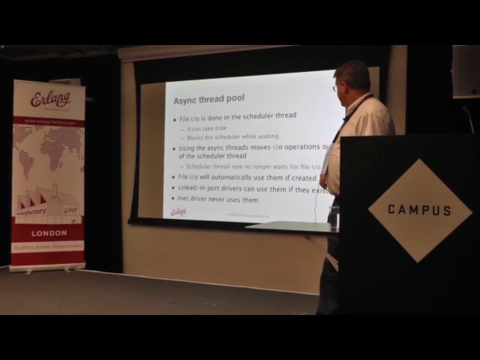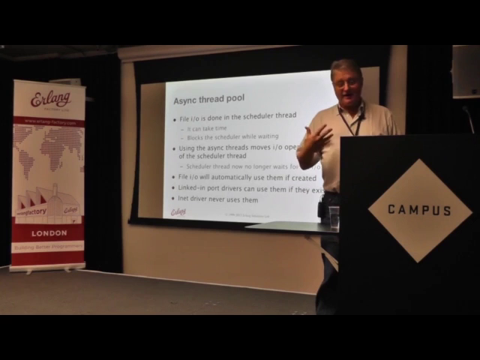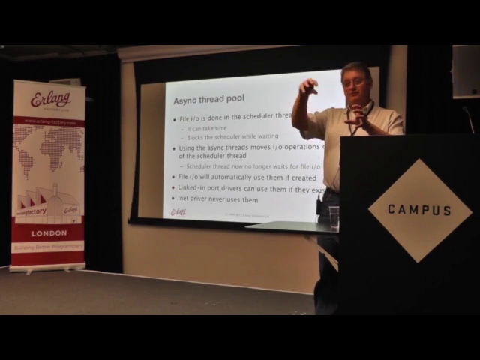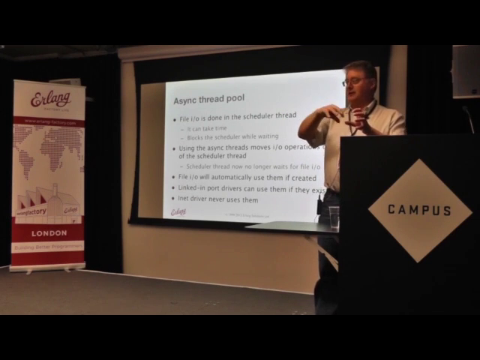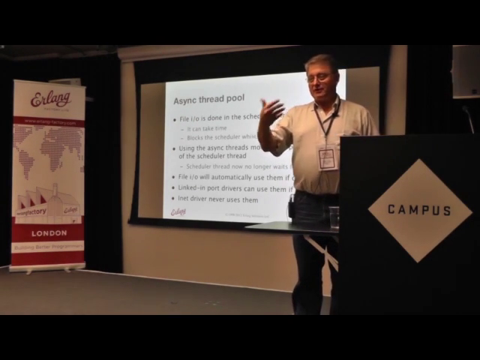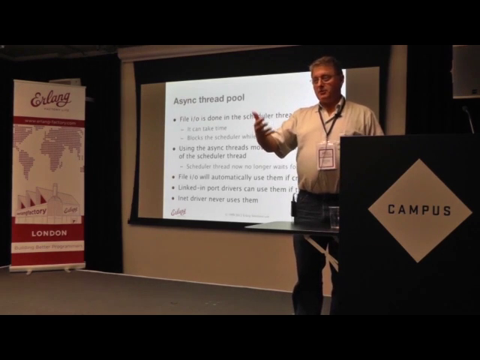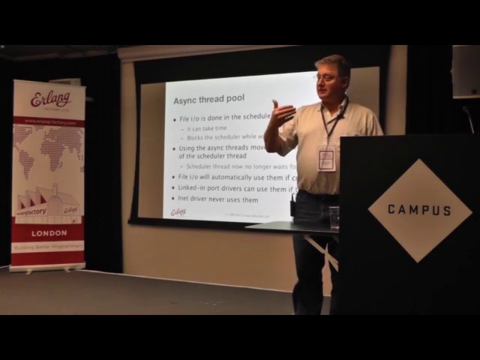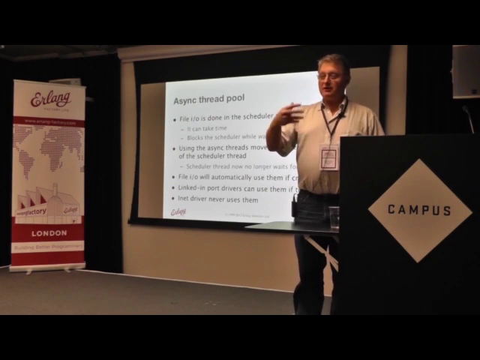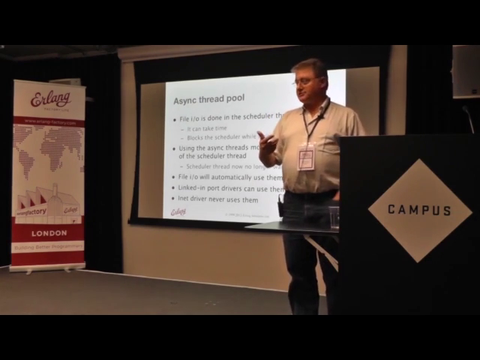So what you can do is set async threads and say, I want the system to create this many threads it's going to use for file I/O. Then the I/O operations will be sent out to the asynchronous threads instead, and they won't block the scheduler. Yes, it'll still block the process doing the I/O, but the scheduler won't be blocked, and it can do other things while it's waiting for the I/O operation to complete.